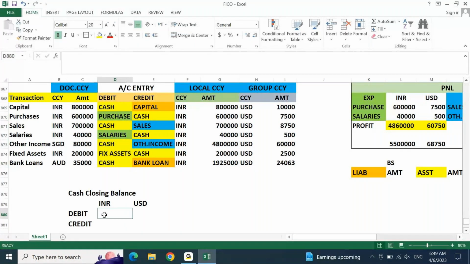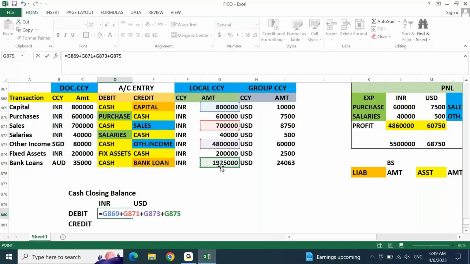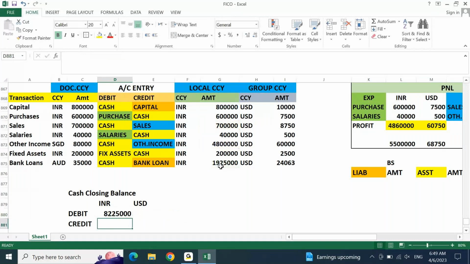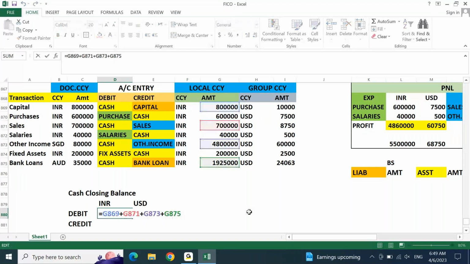I'll select this plus this one plus this one plus this one. Is this correct? You see, these are the cash that we have selected. Did we select the correct values? Yes, this is the total cash.